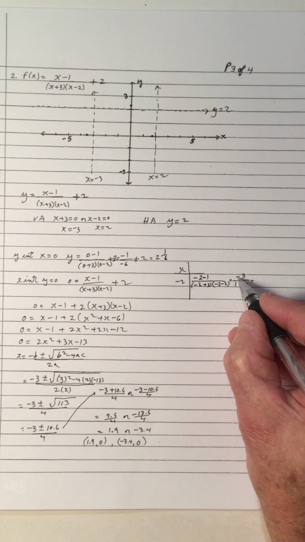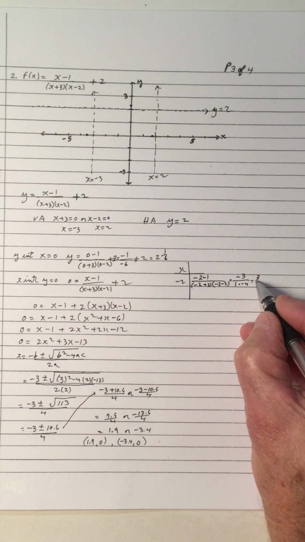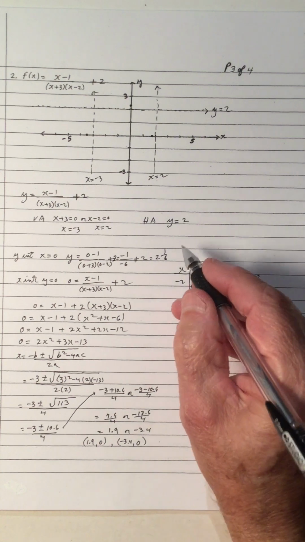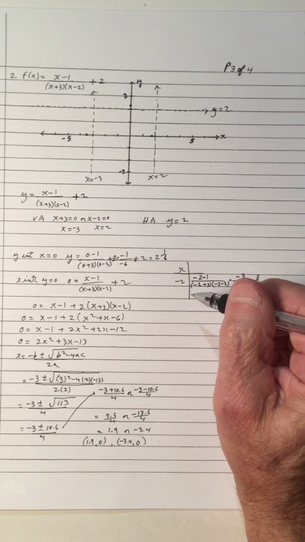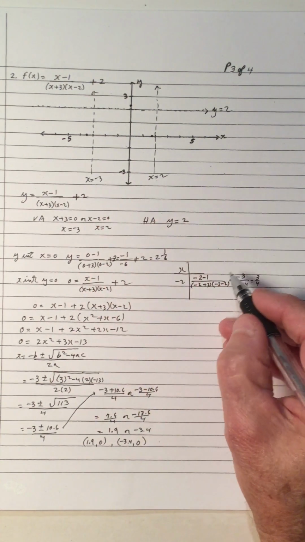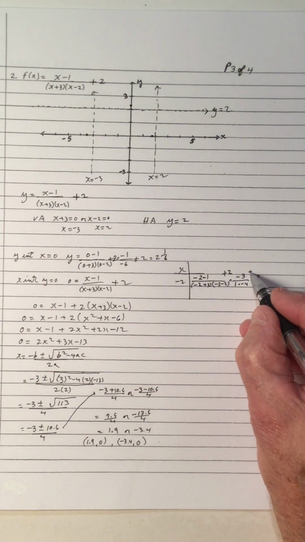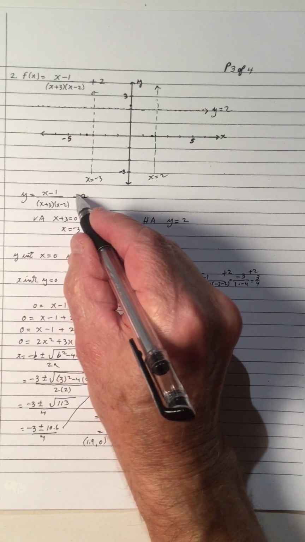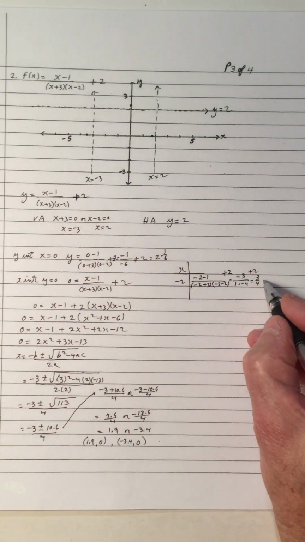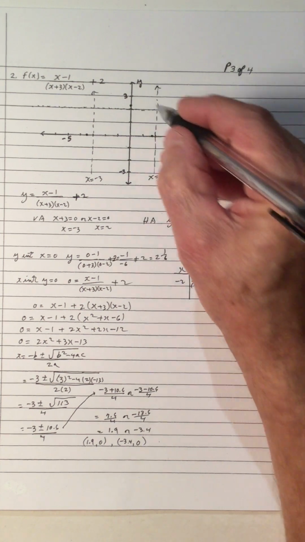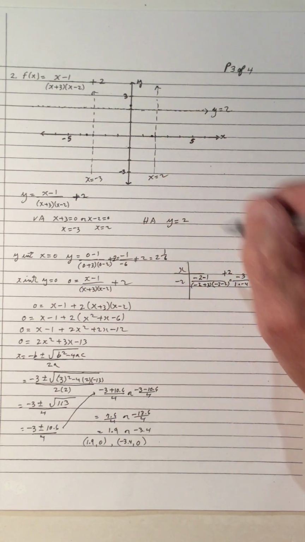So that gives us negative 3 over negative 4, so that gives us 3/4. But we also have to remember, again, I forgot the plus 2. I forgot the plus 2 there. So that's 2 3/4.